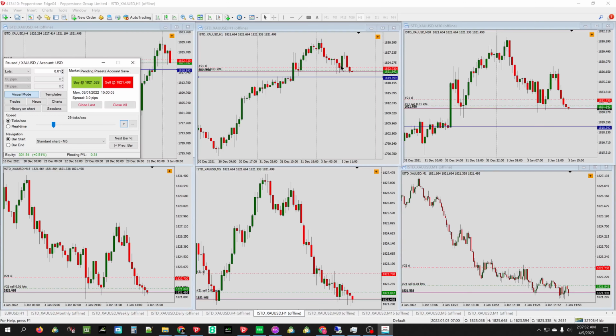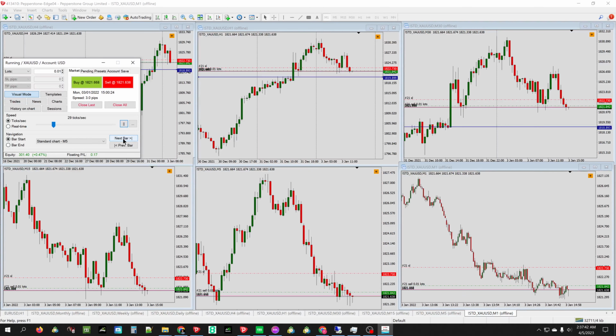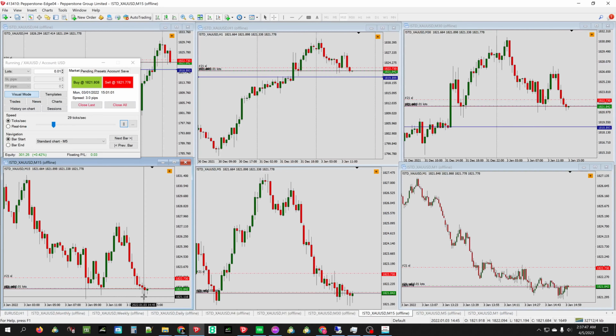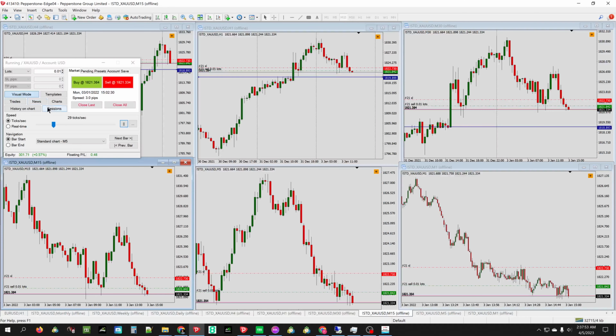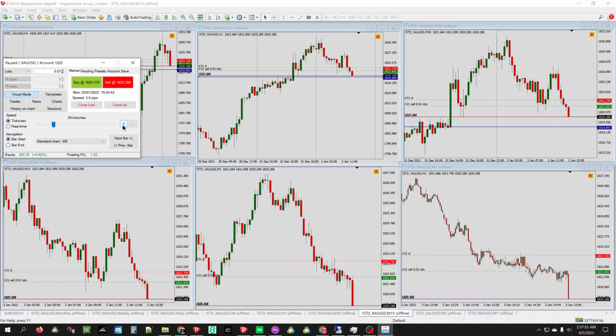Alright, the H1 candle has closed. Small body H1 candles, small body M30 and M15 candles, a lot of consolidation in the M5 and M1 time frame. But still I will keep my eyes open for sales below the wick at 1820. Oh, wait.